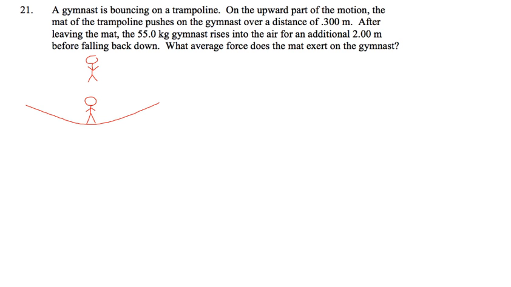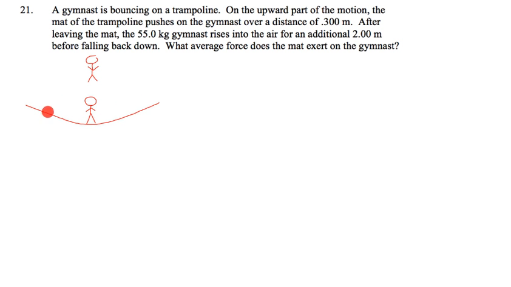Also note that they said average force. And the average force is the only thing that we can solve for because it's not a constant force from there to there. When the mat is fully stretched, there's a greater force acting on this person than as it goes closer and closer to its neutral position.